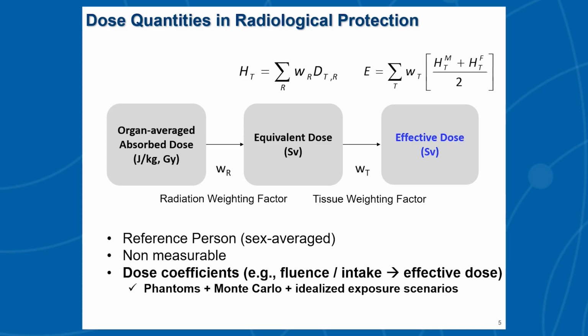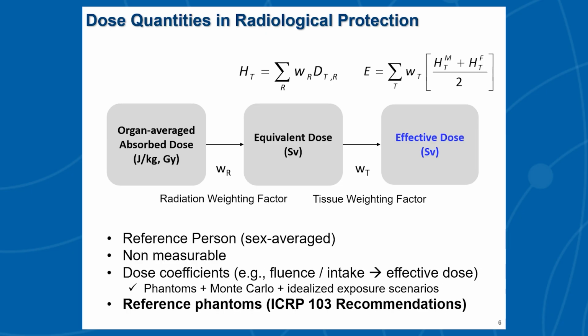Therefore, the ICRP has provided the dose coefficients for external and internal exposures to convert the measurable quantity to the protection quantities. These dose coefficients have been calculated by performing Monte Carlo simulations with the computational phantom for idealized exposure scenarios.